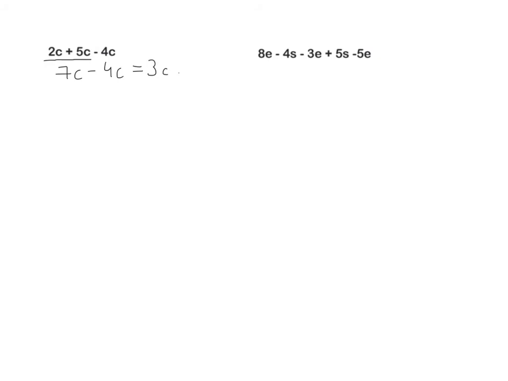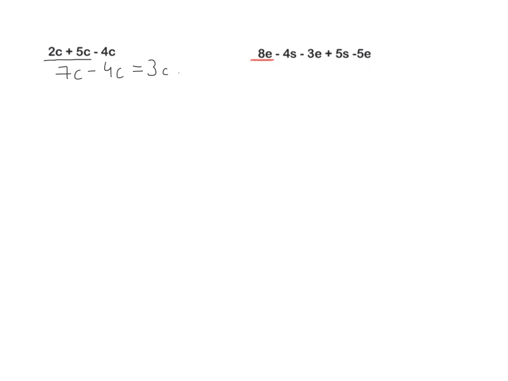And the next one, we have letter e and letter s. So let's imagine we have elephants and sheep. Okay, so it's very helpful when you underline the same terms, the like terms, or the same letters.